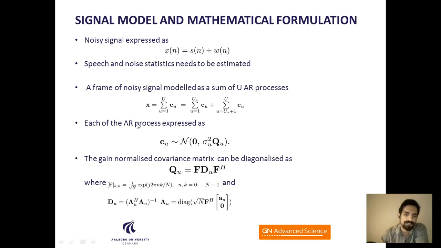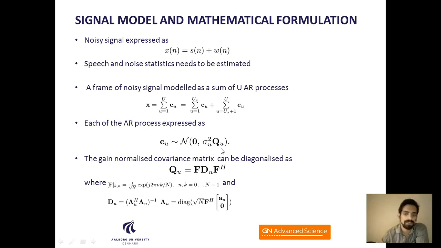And each of these AR processes can be expressed as shown here as a multivariate Gaussian, where this is the mean and this is the covariance matrix. So sigma u square is the excitation variance, and Q_u here is the gain normalized covariance matrix.